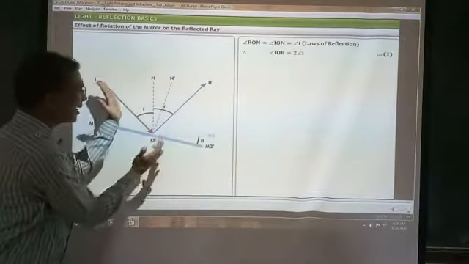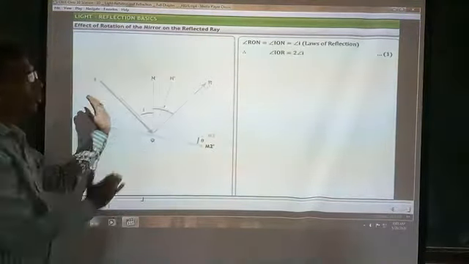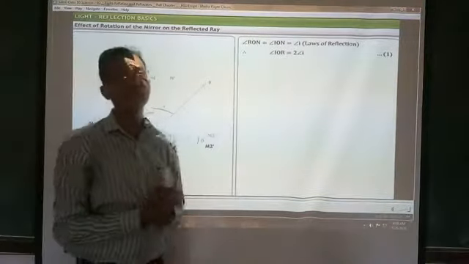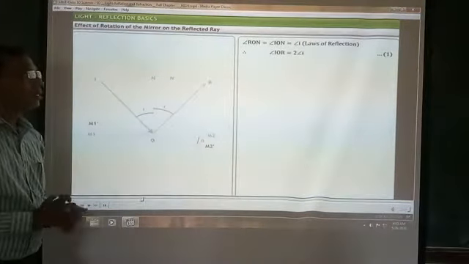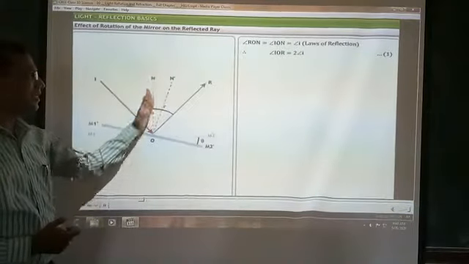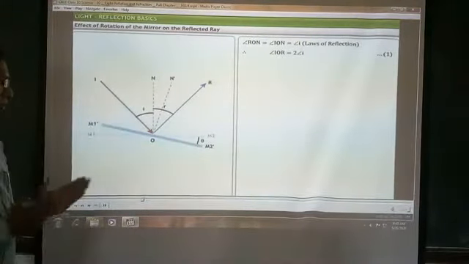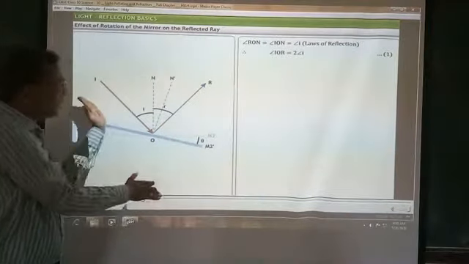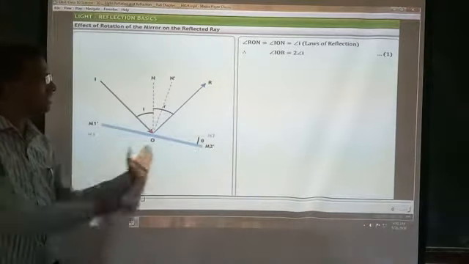Now we change the direction, so IOR is equal to twice the incident angle. So the normal N' N2 N' will change. As the direction changes, M1' M2' will also change.